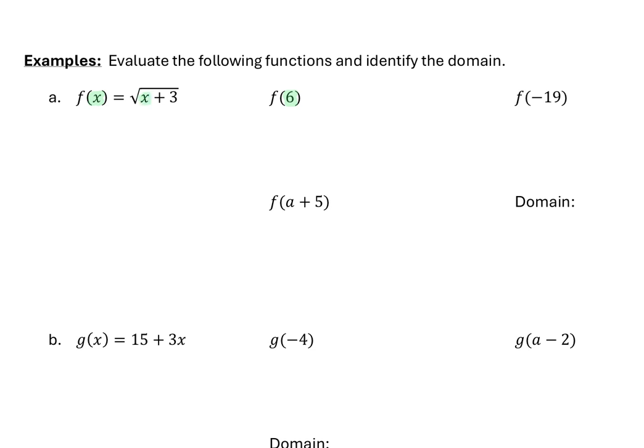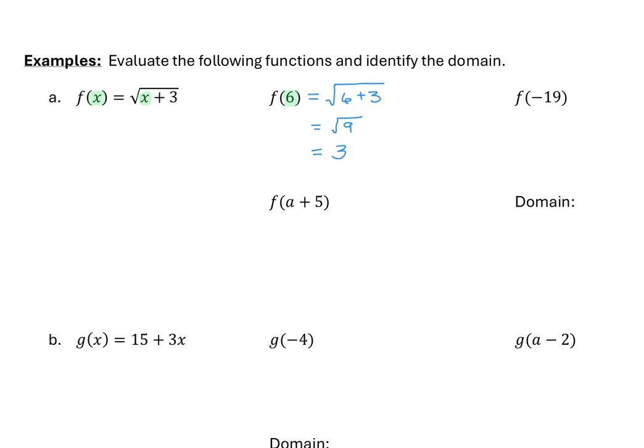And so if we evaluate f of 6, what we should get is the square root of 6 plus 3. That's our plug-in step. And now we want to simplify this. So we simplify inside our square root, and we get 6 plus 3 is 9. And we can simplify the square root. Square root of 9 is equal to 3.